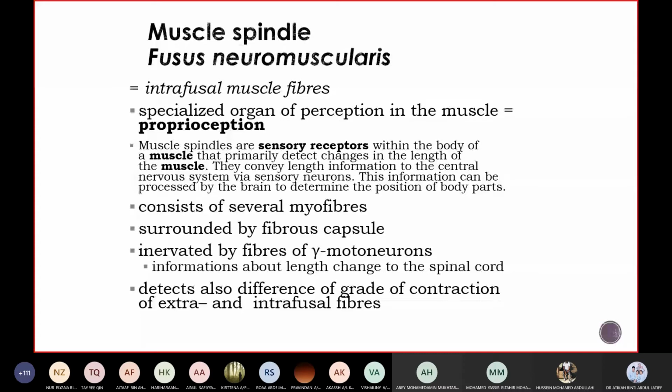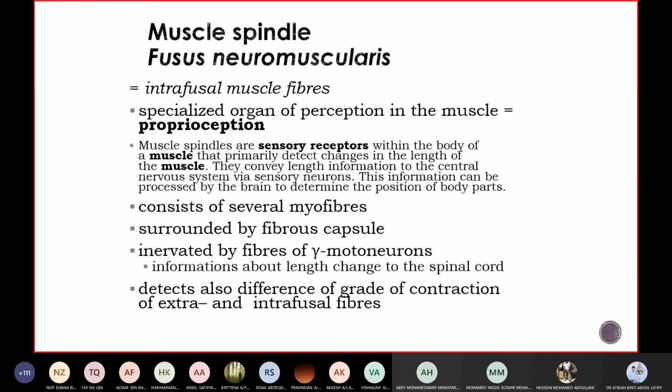That is called proprioception. The muscle spindle gives feedback of the position of your body parts through the receptors and nervous system. It is an important part of your muscle.